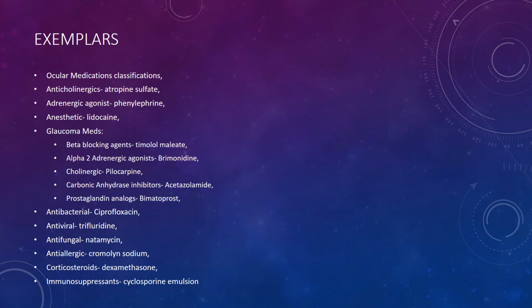So you see the OLOL at the end of it. That is timolol. And then we have an alpha-2 adrenergic agonist, and that is brimonidine.